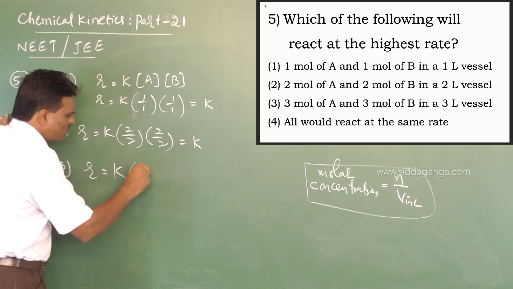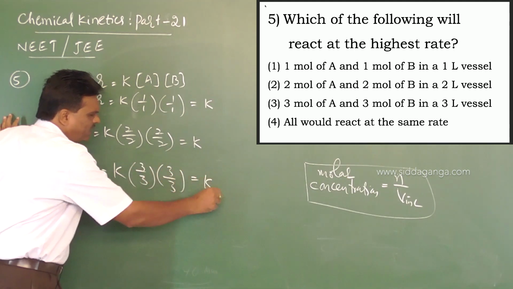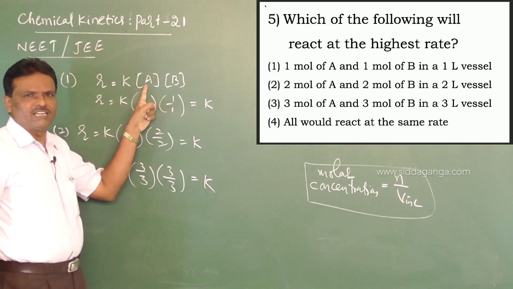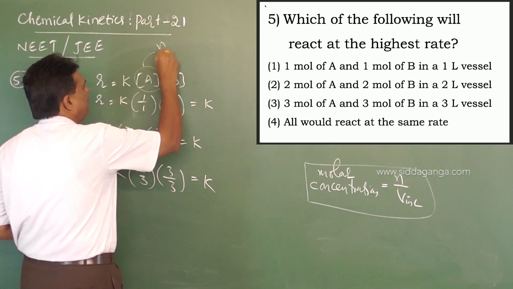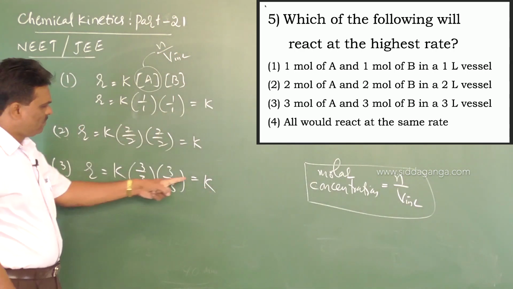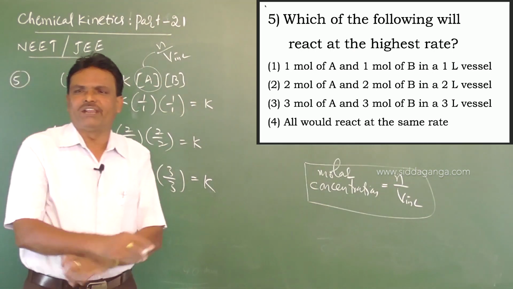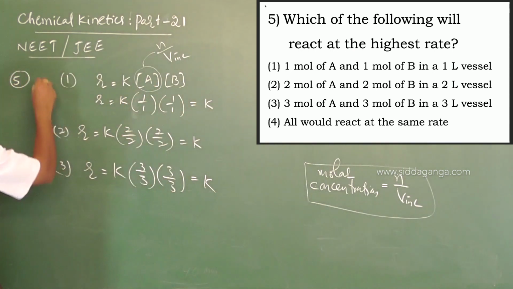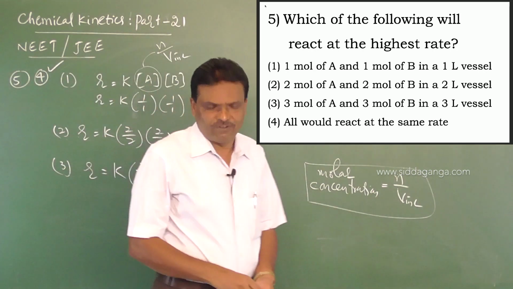So here 3 by 3 into 3 by 3 is equal to K. Molar concentration is nothing but N by volume in liter. So the rate remains the same in all 3 cases. All would react at the same rate. Hence, the fourth option is the right option for question number 5.